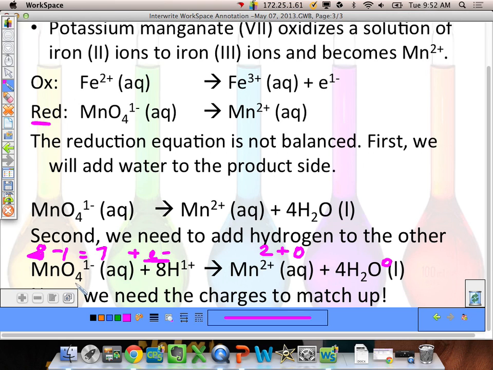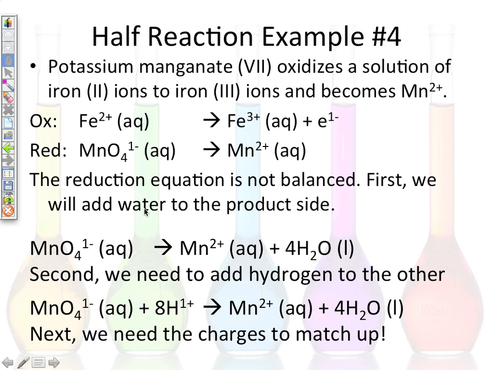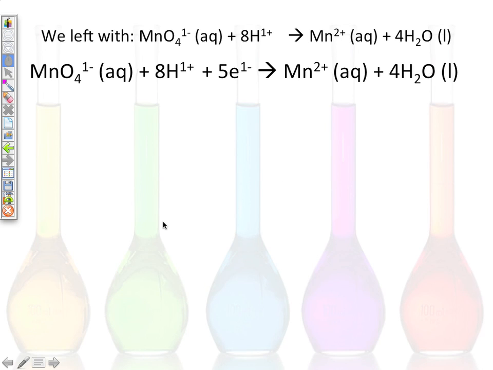Show me with your hand how many electrons I have to add. Nice. Yeah, 5, absolutely. So I'm going to add 5 electrons to get the correct amount of charge on each side.